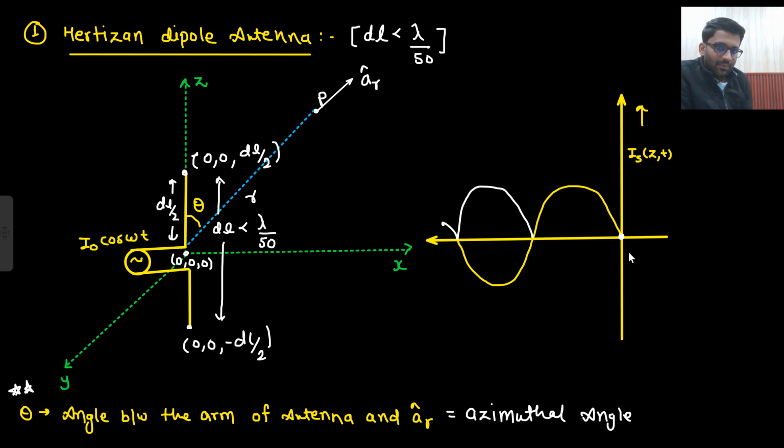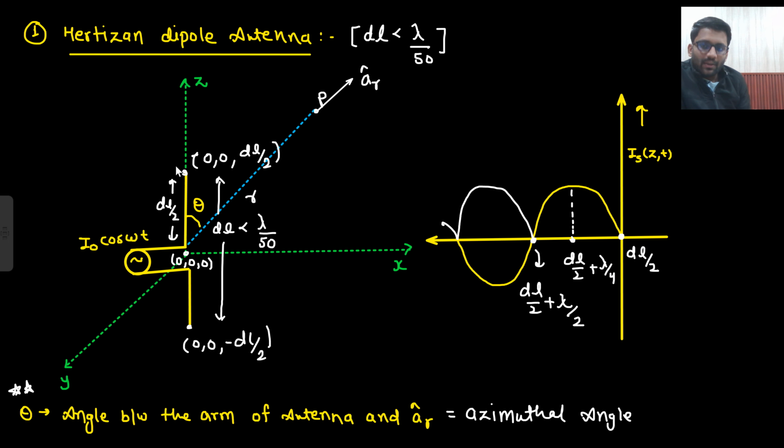This point is dl by 2. At dl by 2 you are having current minima, and then you work in this direction. So this will be dl by 2 plus lambda by 4. This point will be dl by 2 plus lambda by 2, and then you will work in this direction.